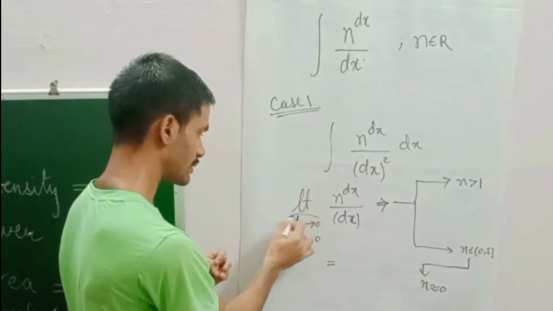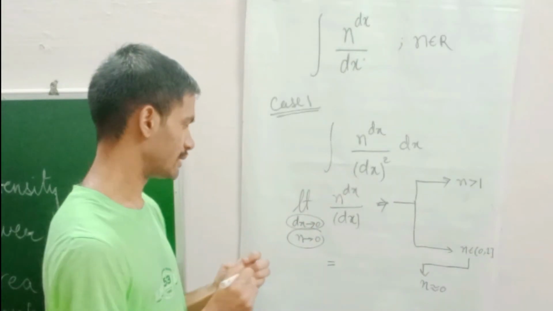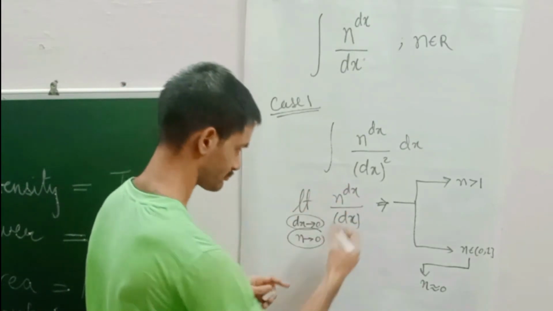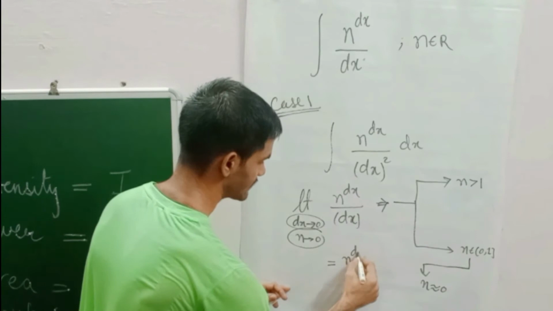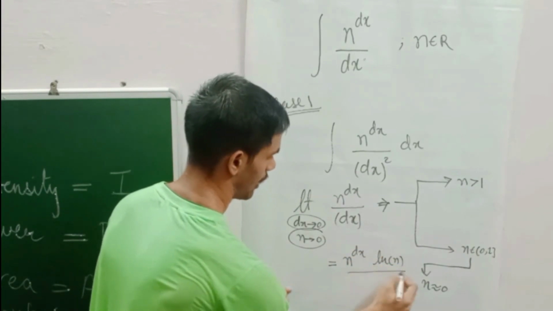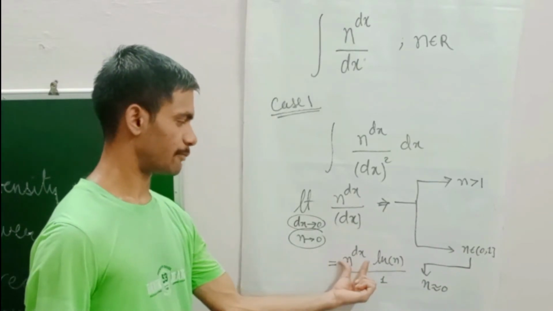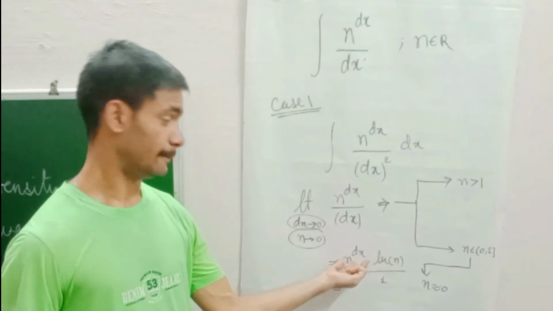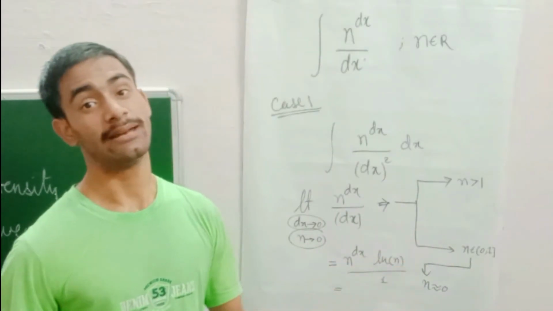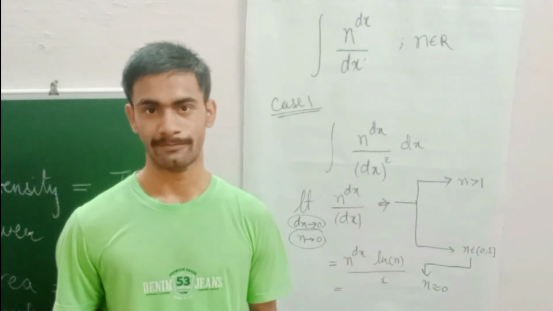Now here, a double limit you have to apply. You can take this one first, next this one. So you will get n power dx into ln n upon 1, where it's approaching 0 and this value is approaching minus infinity. So again it may arise.